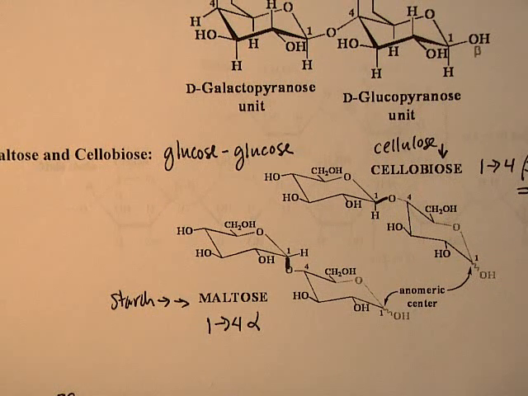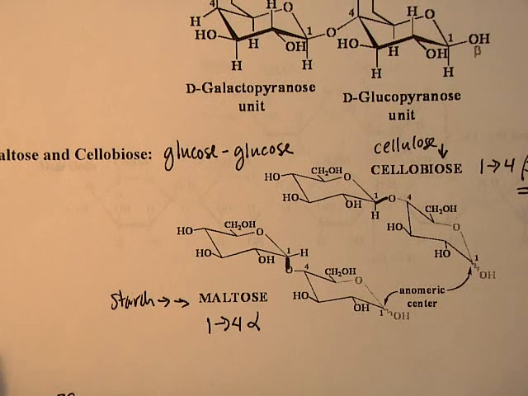So isn't this amazing that only one bond makes a difference in whether or not something that is so closely related in structure could serve as a food or not. All right, and if there's a way for us to be able to digest cellulose by being able to break down these 1 to 4 beta bonds, then I think the food problem will not exist, because there's so much cellulose out there in the world.